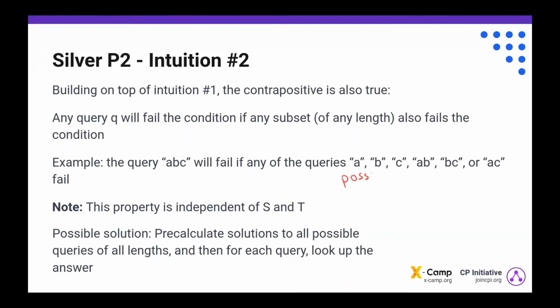2 to the 18 possible queries, or approximately 2.6 times 10 to the 6 possible queries, right? So this is basically just all strings containing letters A through R, right? So for each of these queries, we calculate, right?